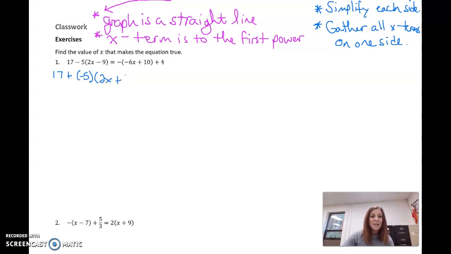Instead of minus 9, I'm going to say plus a negative 9. And that's going to equal, well, I'm going to rewrite this as a negative 1. I'm going to put a 1 in here, times negative 6x plus 10, and then plus 4. So these are going to be overwhelming. We have to take it step by step. We have to simplify each side first. So that's what we're going to do.